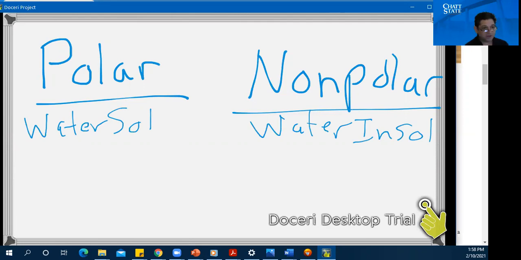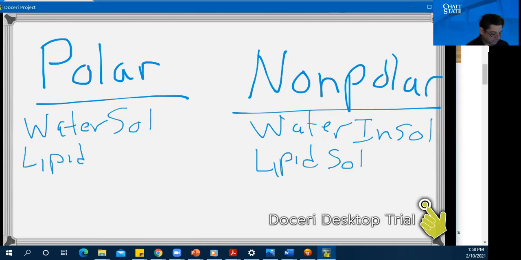I start off with water soluble, then that means non-polar is water insoluble. So what is non-polar then? Lipid soluble, right? Which means polar is what? Lipid insoluble. Play the opposites.